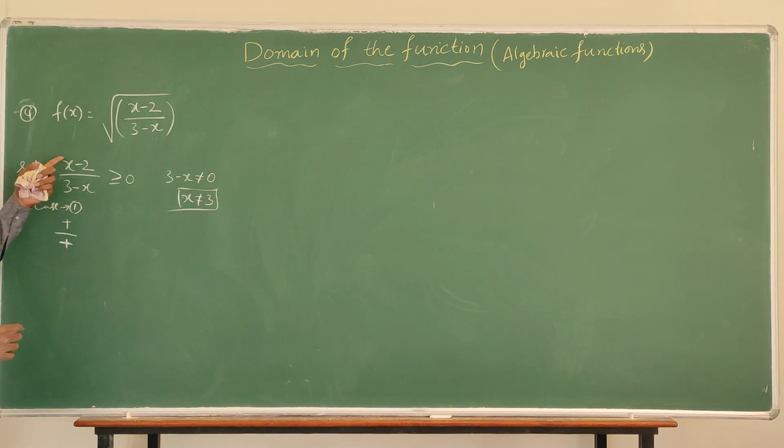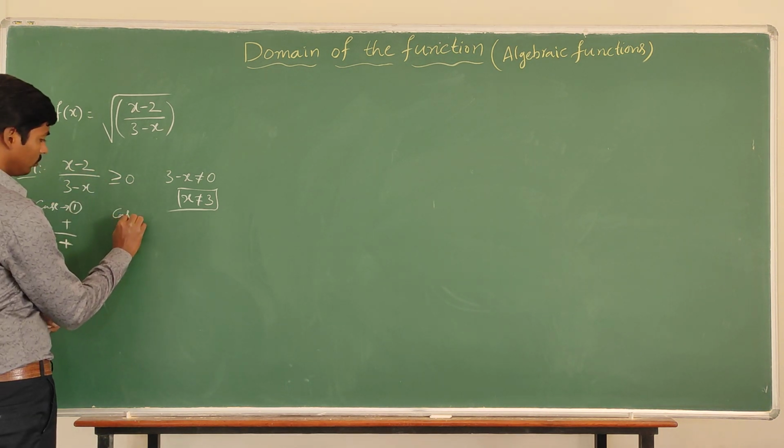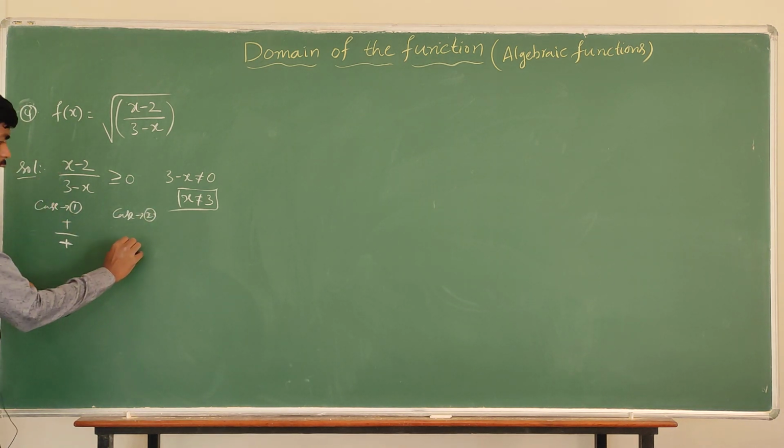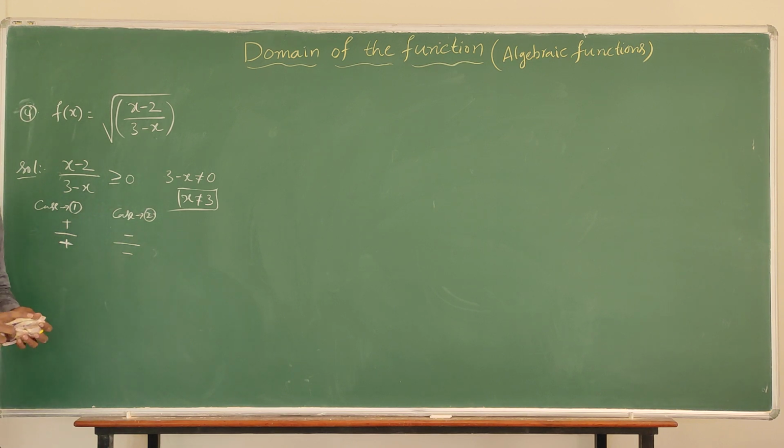In case 1, if both the numerator and denominator are positive, then the expression will be greater than or equal to 0. And case 2: both the numerator and denominator are negative. So minus by minus, the minus signs will cancel, so the term will become positive. So these are the two situations.